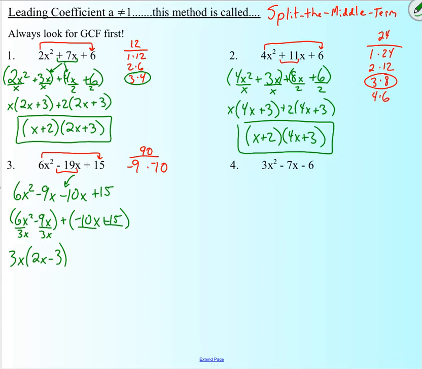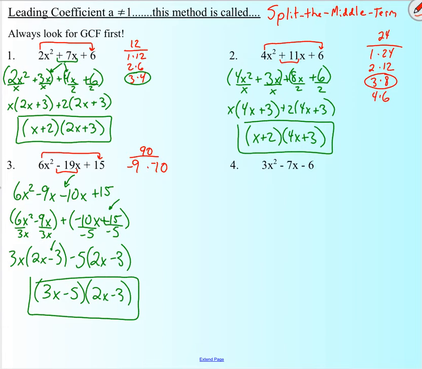Now notice, I want my second term to be negative here. Right now it's positive, therefore I'm going to want to divide out a negative. 10 and 15, the biggest number that goes into those two is a negative 5. So that would leave me with a positive 2x here, negative 3 for the second term. That's what I want to match my first. So then my answer would be 3x minus 5 times 2x minus 3.